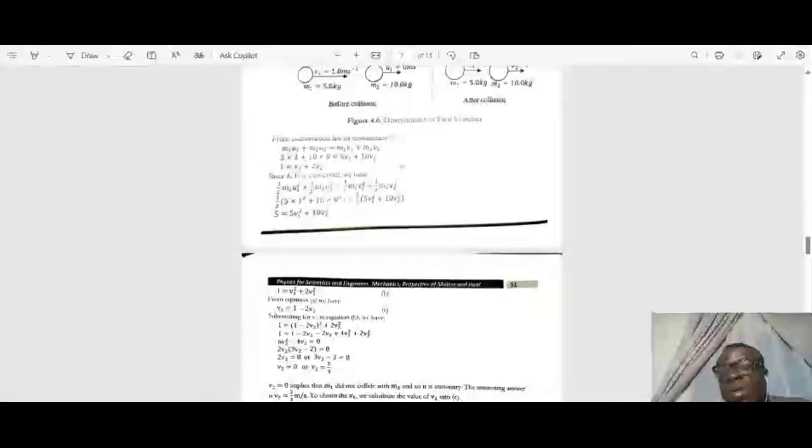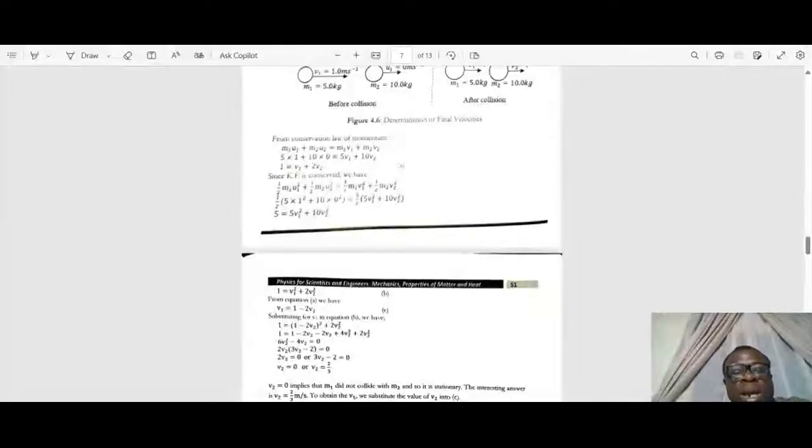So already we know these values. We substitute: half into 5 times 1 squared, those parameters are already given, plus 10 times 0 squared, equal to half into 5v1 squared plus 10v2 squared.